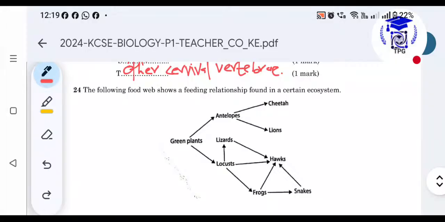We have green plants, they are eaten by antelopes and locusts. Locusts are eaten by lizards. Antelopes are being eaten by cheetah and lions. Locusts are also being fed on by frogs. Frogs are preyed on by hawks and snakes. Snakes nazo zinapreyiwa na hawks. Good, that's a food web.